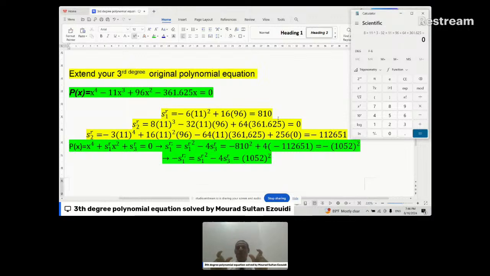If you work with a third degree equation, you have to find the discriminant of one second degree equation, then the second, then the third. When you multiply these, you obtain negative 4 s1 cubed negative 27 s2 squared.